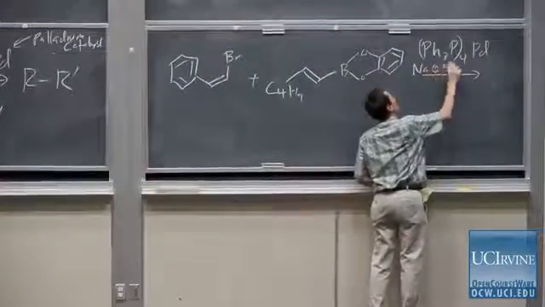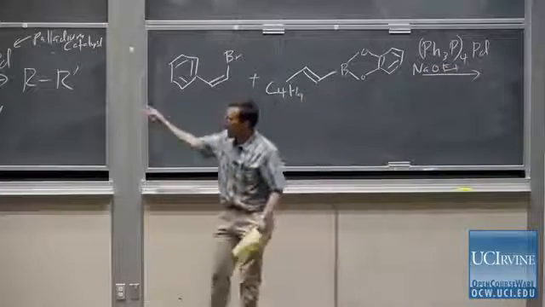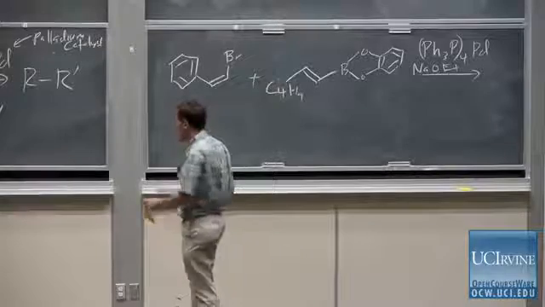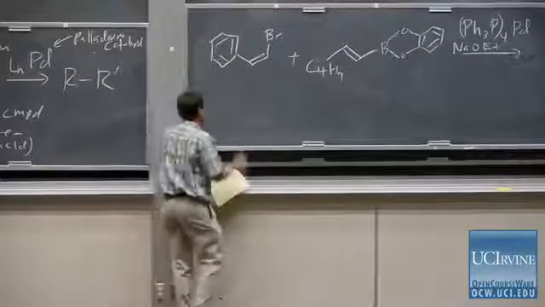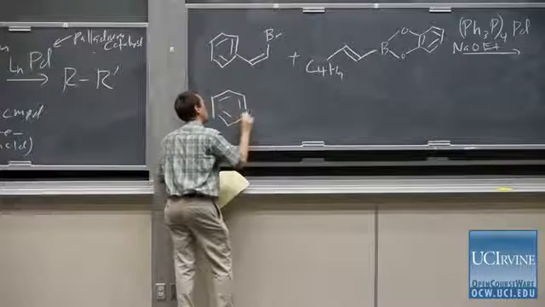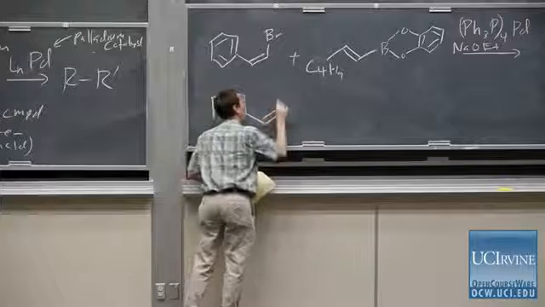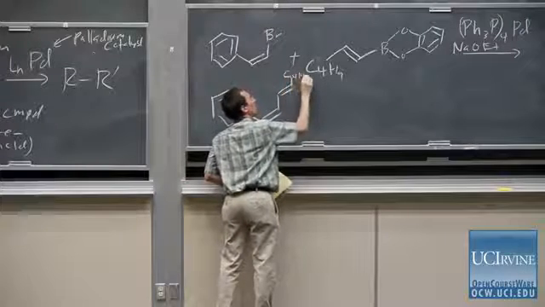We also need a base in this chemistry, and this is typical of the Suzuki reaction. I've written things in a general form here in an unbalanced equation. And the product of this Suzuki reaction is now just forming a new carbon-carbon bond.